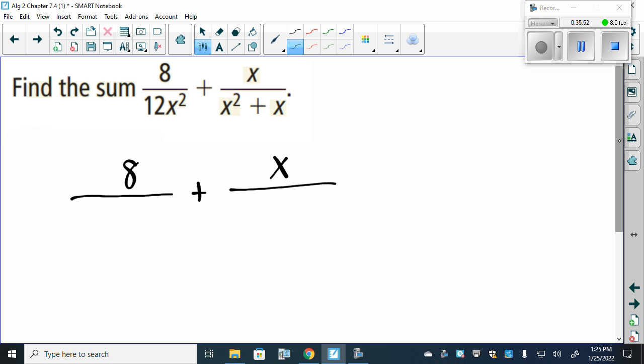Now, the first thing we need to do here is to see if there's any way we can factor the denominators. Well, 12x squared does not factor any further than what it is because it's only one term. Now, with our x squared and x, we do have a greatest common factor of x, which we can factor out.